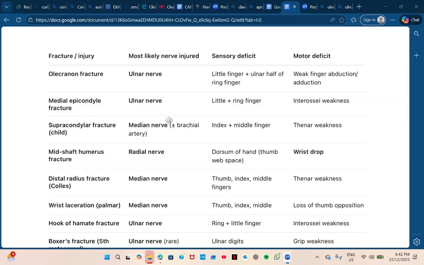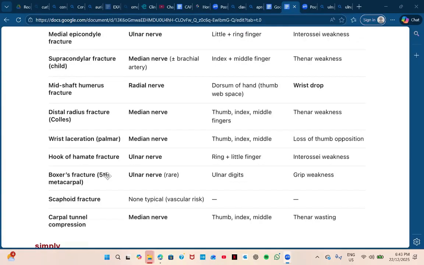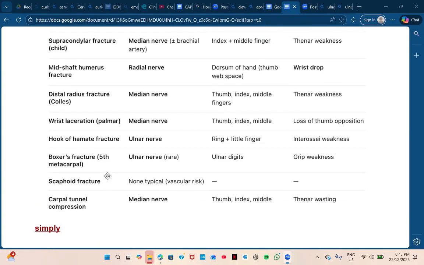Mid shaft humerus fracture causes radial nerve damage. And distal radial fracture, we all know, at the wrist area, causes median nerve damage. You can remember like that.